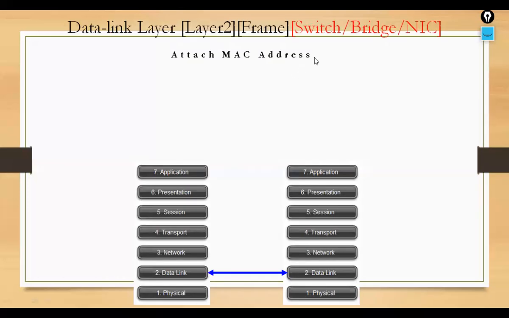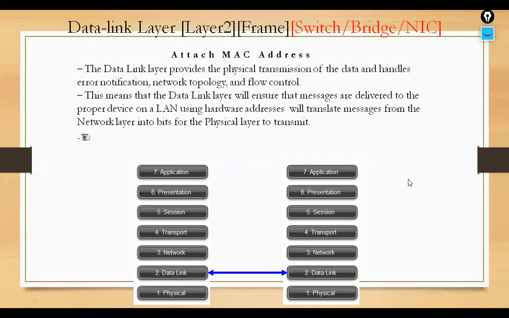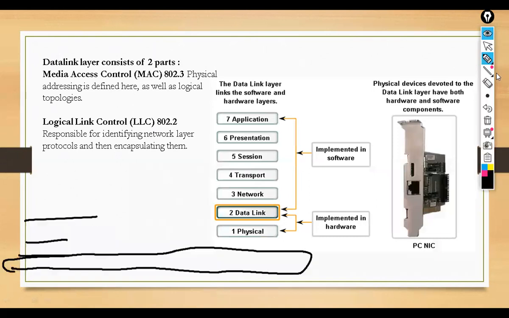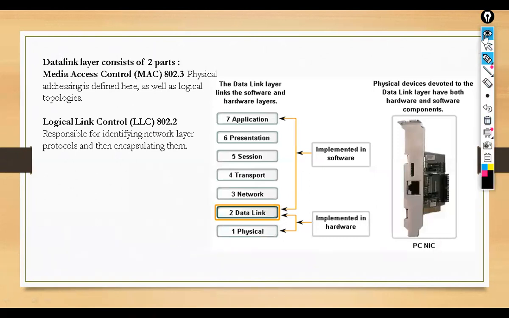Now we'll move into the data link layer, layer 2. Let me tell you first that the data link layer is split into two parts, or two sublayers.